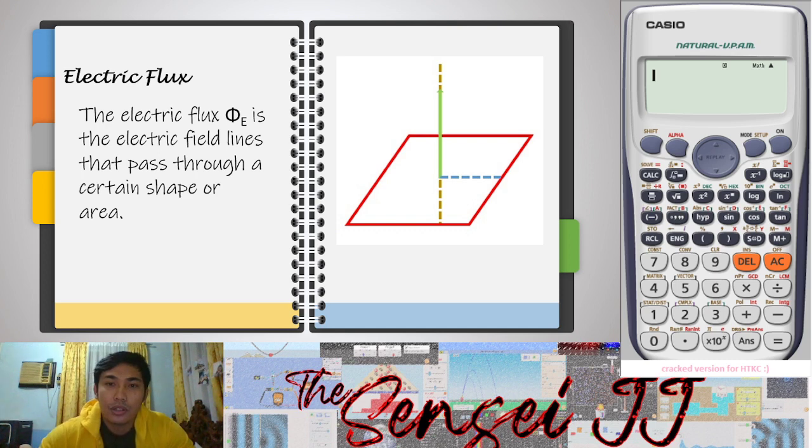As you can see, this red line, comprised of four sides, is our area. And this blue line indicates the perpendicularity of the field lines passing through. It's just an imaginary line.